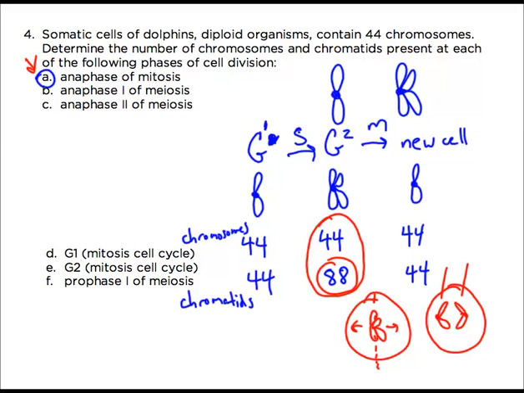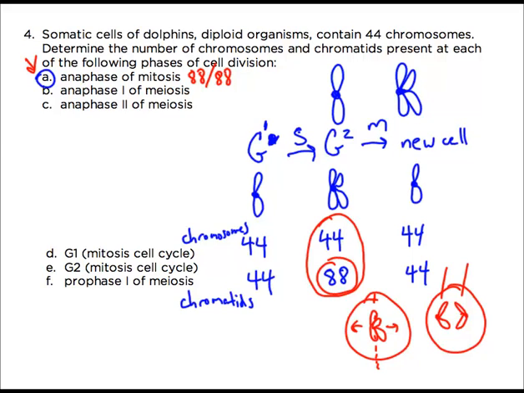So during the period after metaphase and through anaphase until telophase is done, we'd have to say that there are 88 chromosomes in that cell still, and they're each composed of one chromatid. So the answer here would be during anaphase of mitosis, we have 88 chromosomes, each of which is one chromatid, so there are 88 chromatids there.